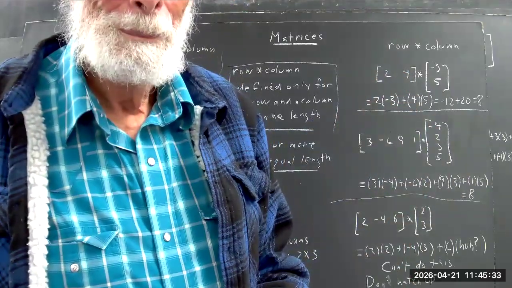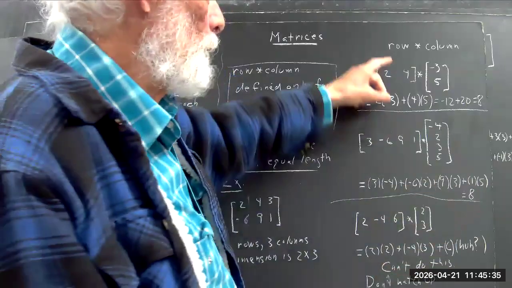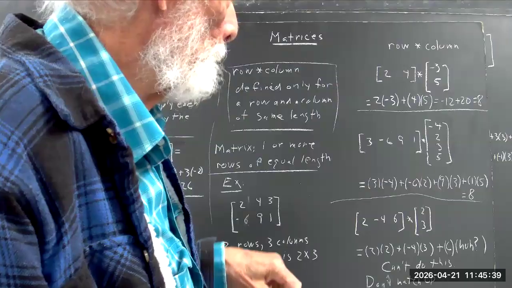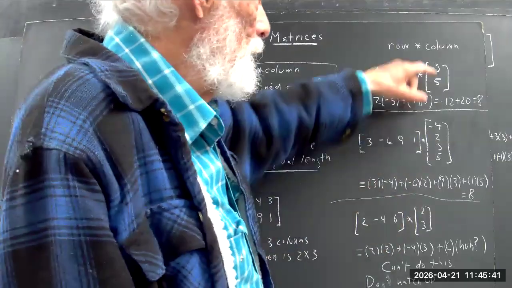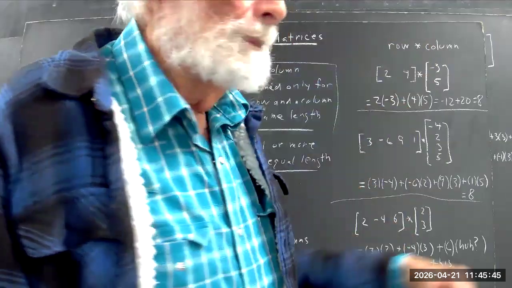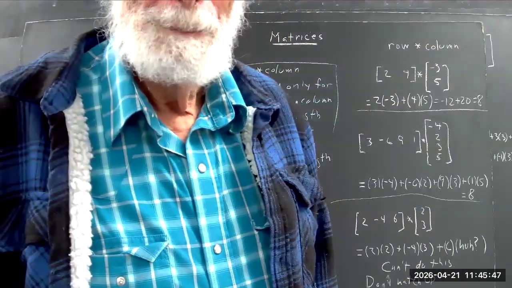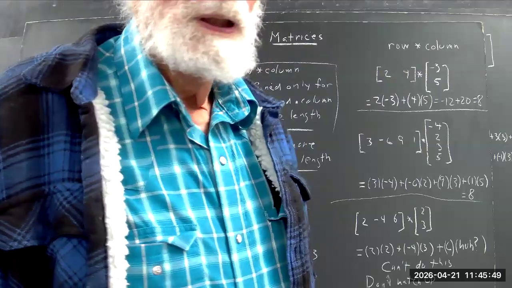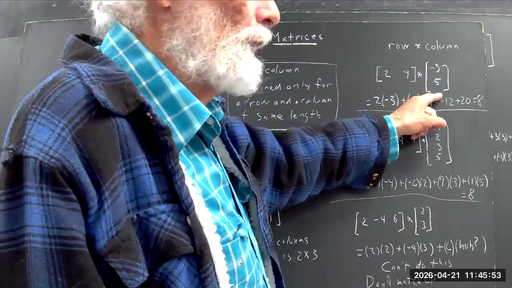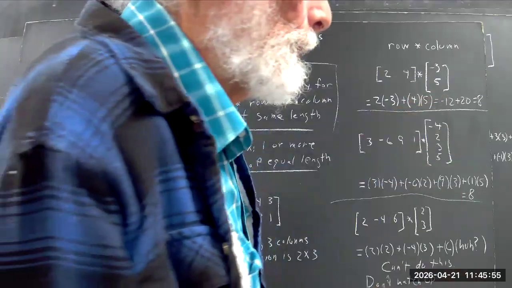It's a row matrix. And I'm just going to call it a row right now, and we'll use the word matrix a little bit later. And then we have a column matrix: -3 at the top, 5 at the bottom. There's a column. To multiply a row by a column, the row has to be on the left, the column has to be on the right.